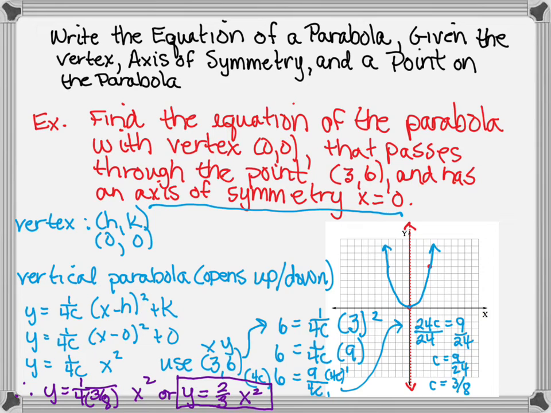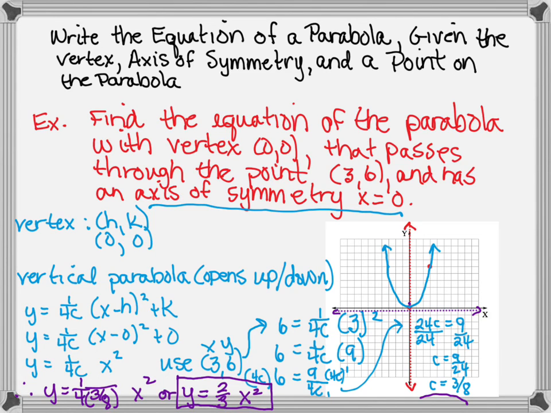And just to help practice those newer concepts of focus and directrix, let's look at where they are, given that we now know c is 3/8. So our focus should be up here, and I'll put that coordinate in a moment. That's at about 3/8. It's hard for me to draw that exactly on this coordinate plane.